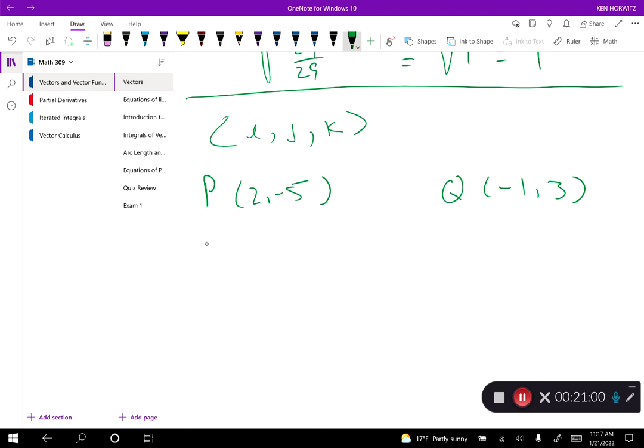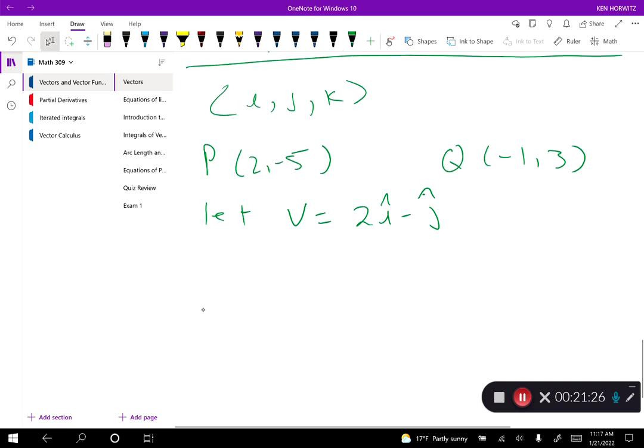I want to find the vector, and I'm going to let vector v equal 2i minus j. And then put little hats on them to show that it's a vector. The first thing I want to do is find the vector for my directed line segment. So how do I do that again? I'm going to call that vector, lack of originality, I'm going to call it u.